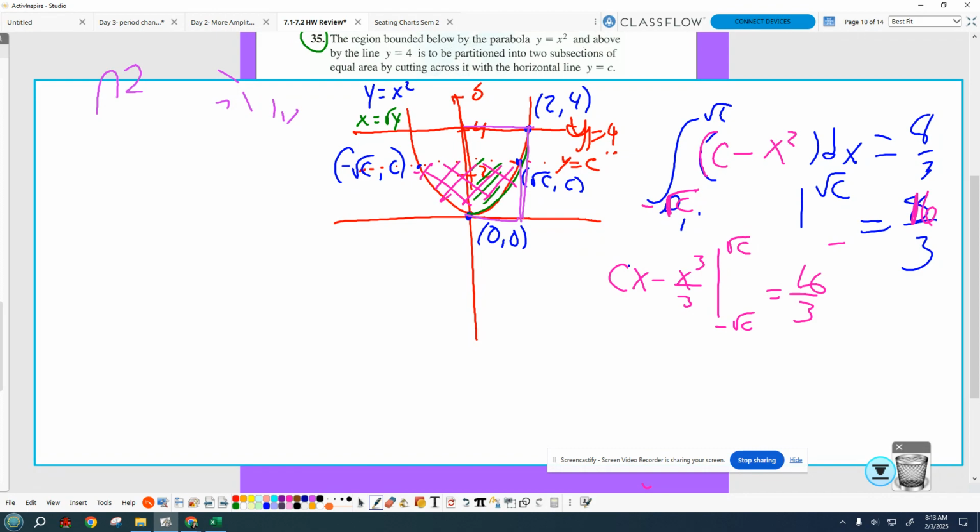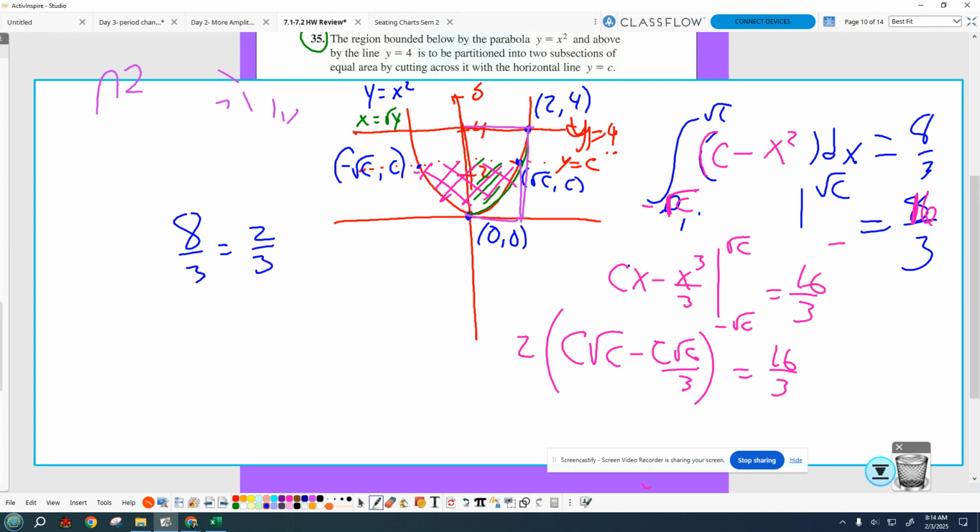And now we all have halves of root c. Plugging in a negative root c, don't I get that again? Doesn't it just double? And we get the same answer we had before.